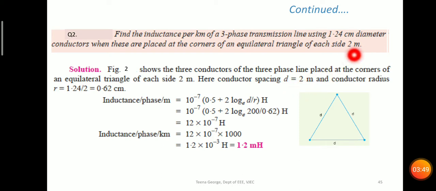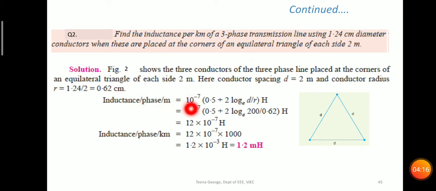We can convert it into centimeter as the radius is in centimeter. So it is 200 centimeter. Here the diameter is given as 1.24, so the radius is half of the diameter, that is 0.62 centimeter. So the inductance equation is here. We are asked to find the inductance per phase per meter.